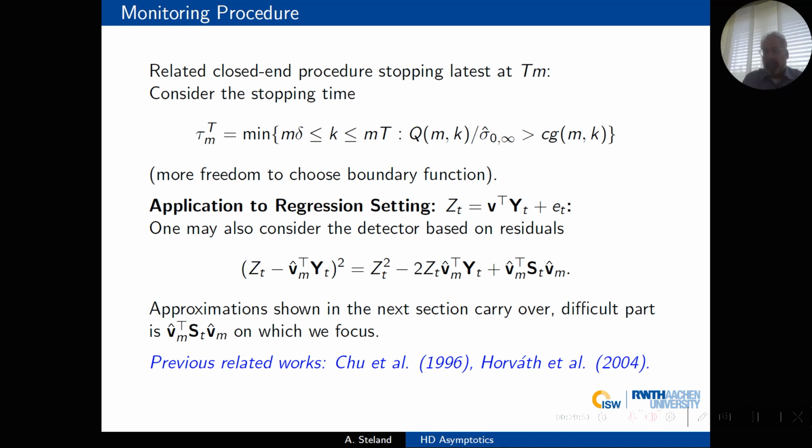In principle, the approximations I want to present in the next section carry over to this setting, and this is the most difficult part, so we will focus on this critical part of these regression residuals.